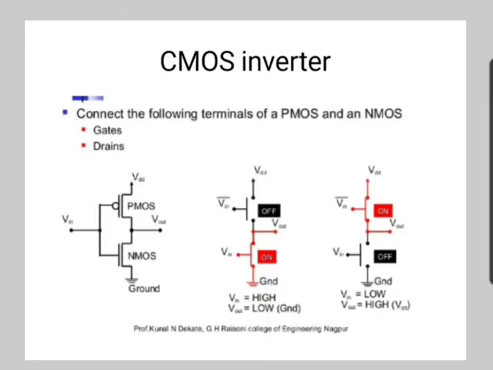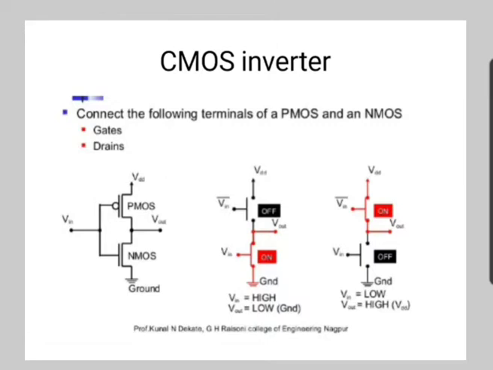A CMOS inverter consists of an enhancement type NMOS transistor and an enhancement type PMOS transistor working in complementary mode.